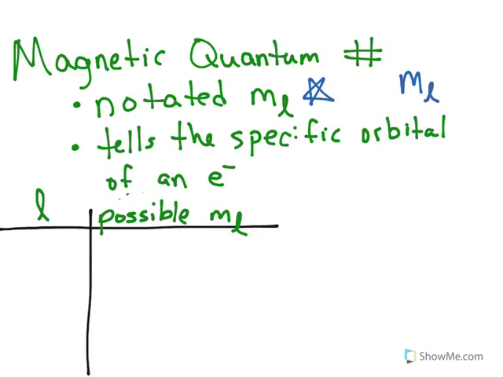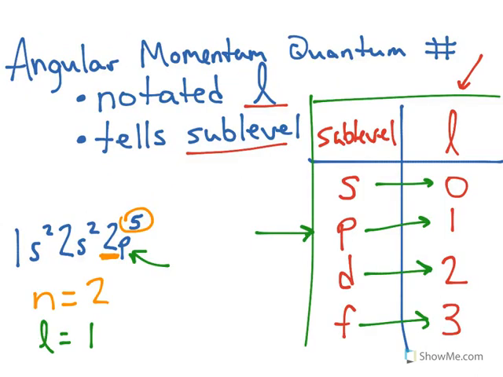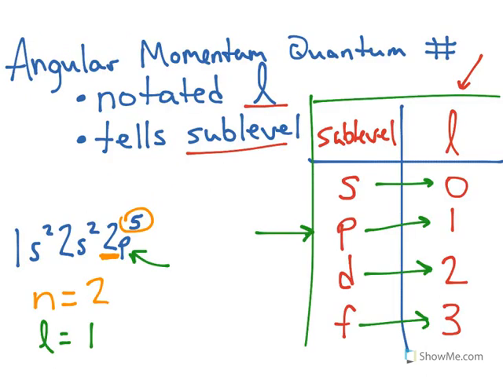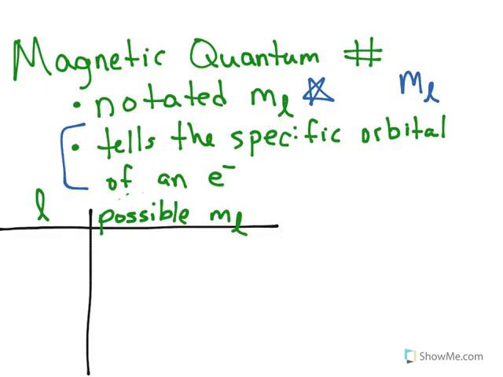But why the magnetic quantum number is a little bit confusing is it tells you the specific orbital that an electron is located in. So, for example, if your L value is 0, that corresponds to an S sublevel.